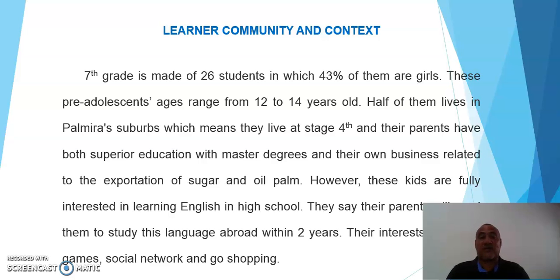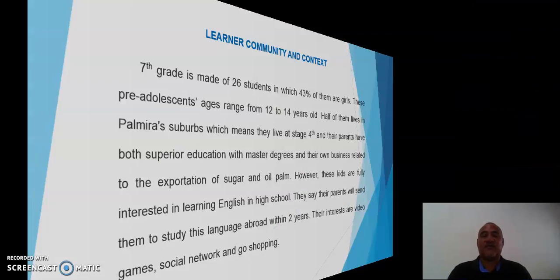That means that they are very wealthy, and most of them are also interested in English, but a few of them said that they are going to get into English later on, when they finish high school.